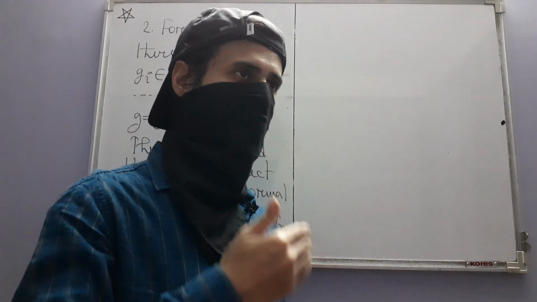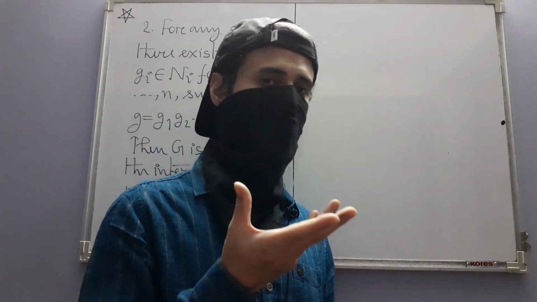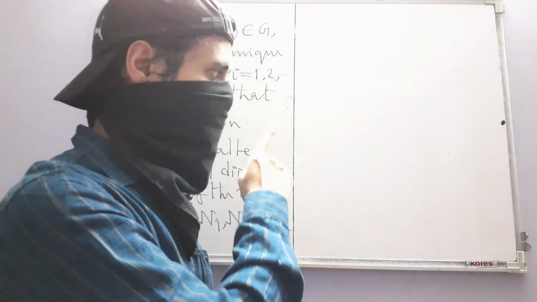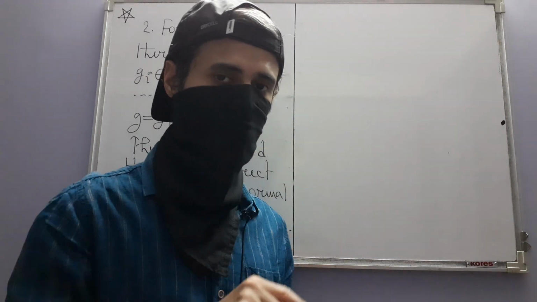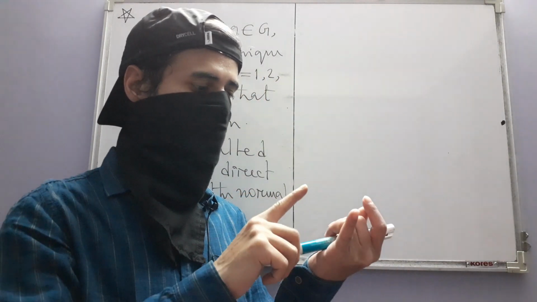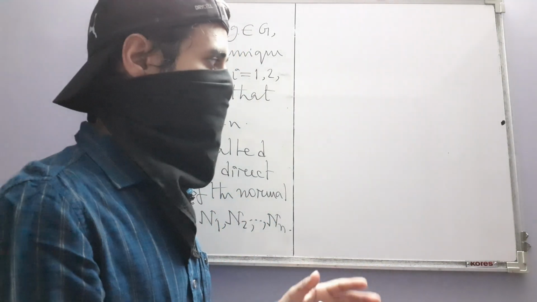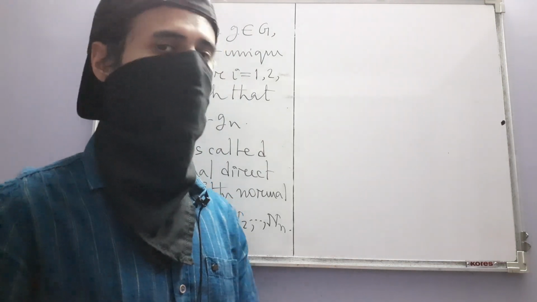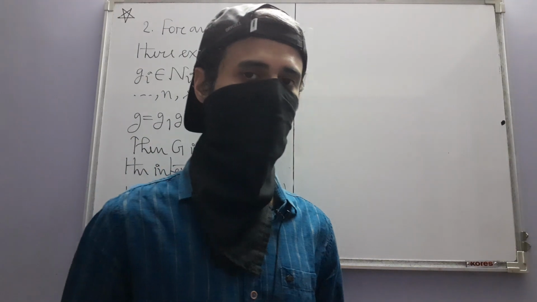Say p1, p2, p3 up to pr be the distinct primes in that prime factorization. Then the group is going to have those Sylow subgroups corresponding to those primes, a p1 Sylow subgroup, a p2 Sylow subgroup, and so on. It turns out that G is the internal direct product of those Sylow subgroups. This is something that we will prove in exercise 5.